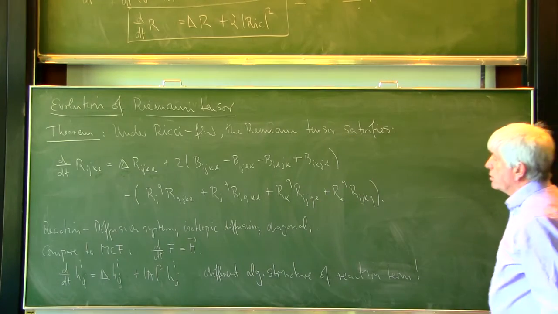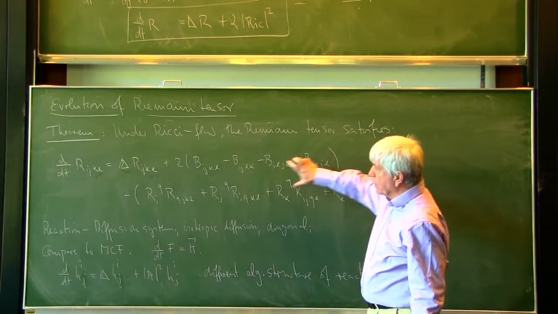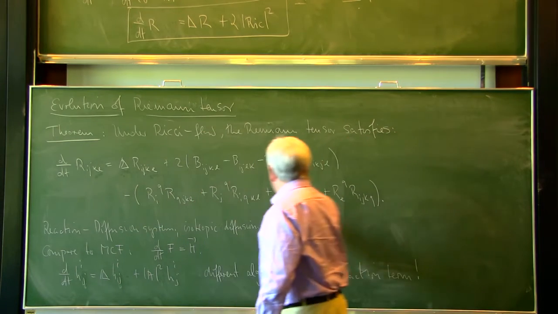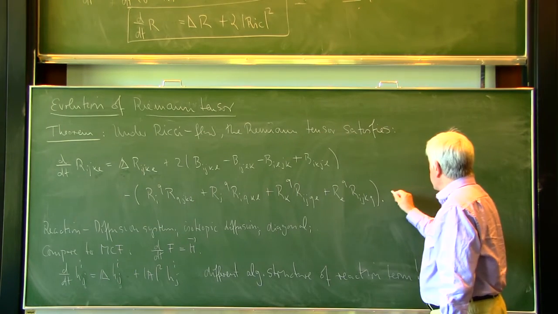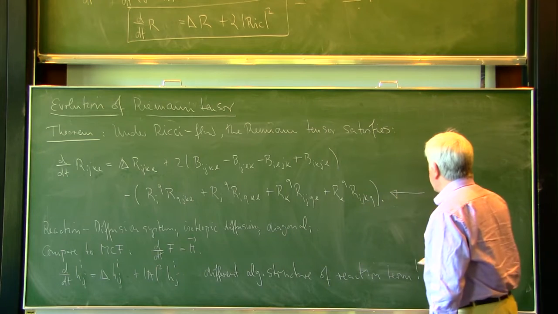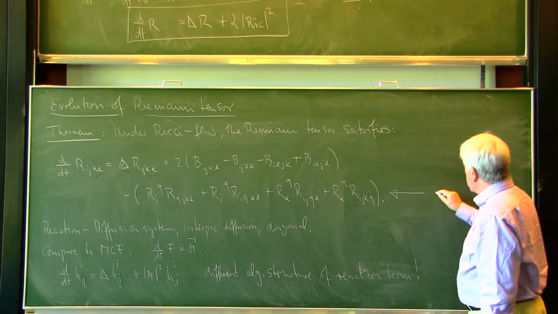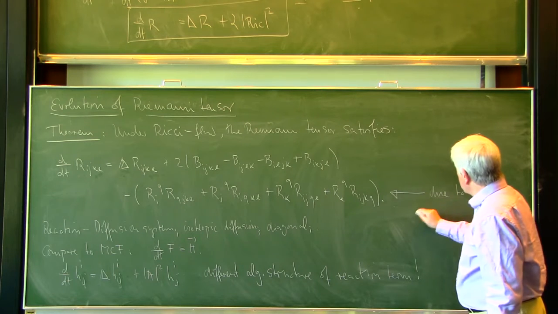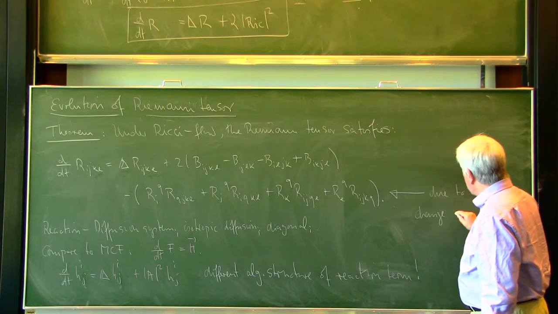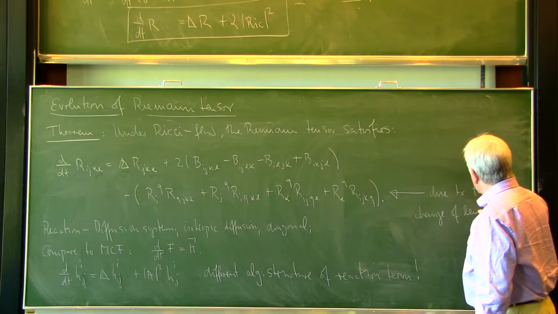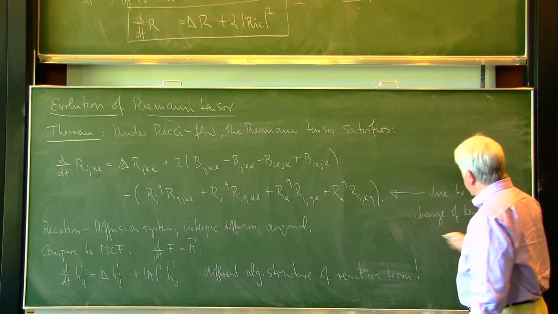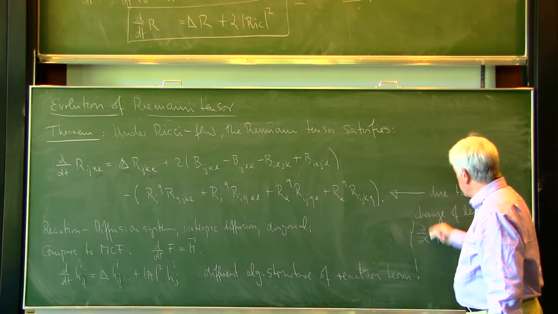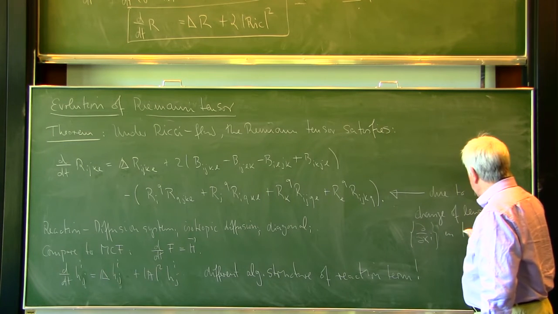This is the formula that we derived for the Riemann tensor, and the terms that I would like to remove are these ones here. So the claim is that these terms are due to the change of length of our vectors d/dx_i in time.